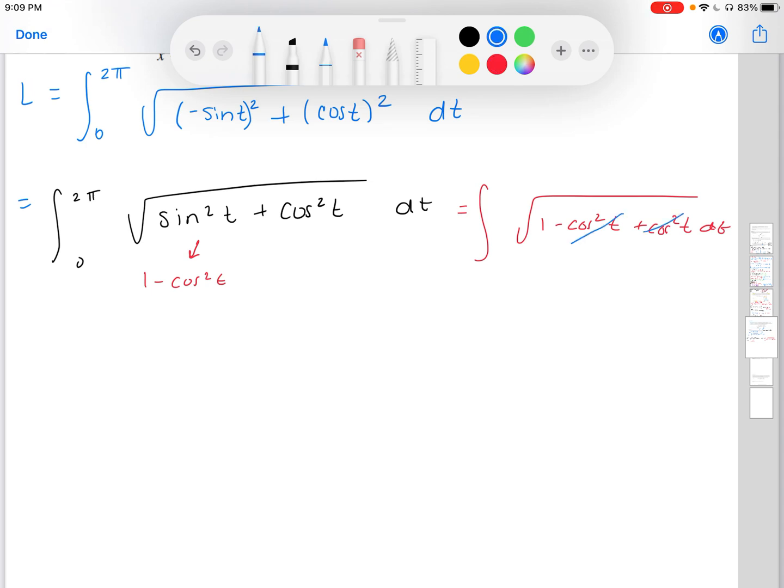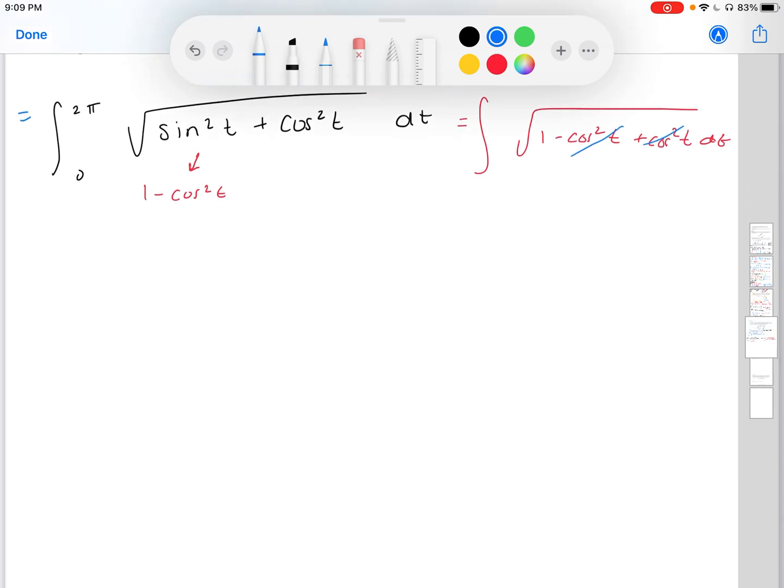Our cosines cancel, and we're left with just the square root of 1, which is just 1. All right, if we integrate 1, our answer is t. So we're left with t, and we're left to plug in when t is equal to 2 pi and t is equal to 0. So our answer is just 2 pi.